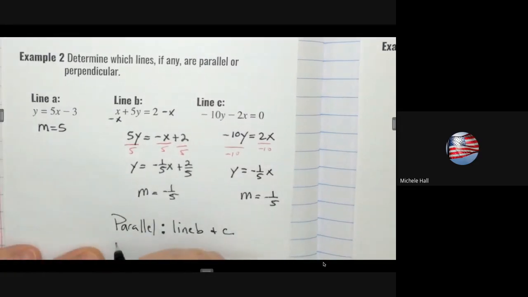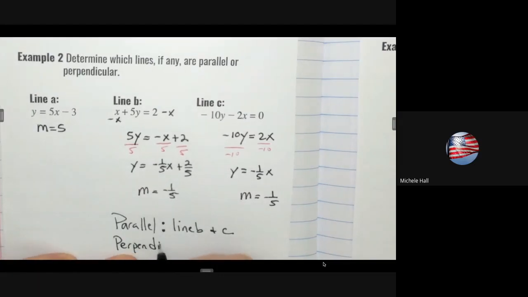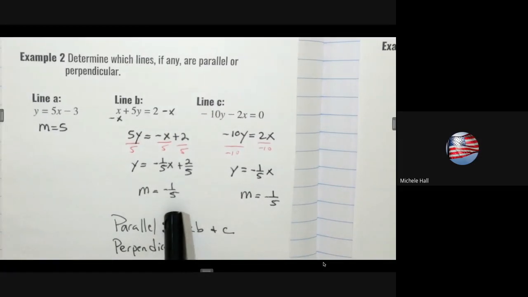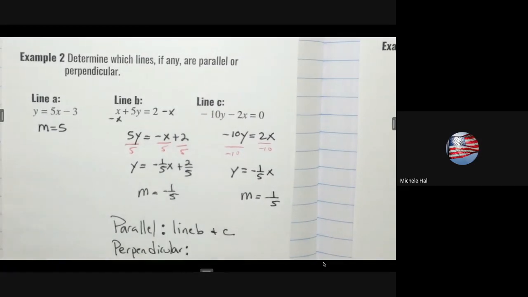How about perpendicular? We're looking for the negative reciprocal. What would be the negative reciprocal of -1/5? I would flip it and then change the sign.